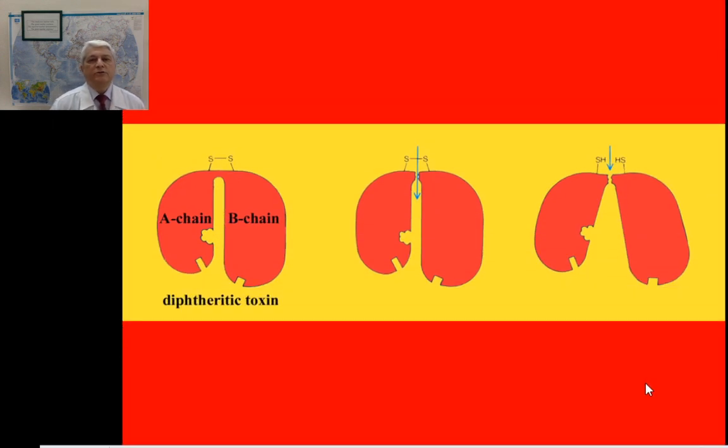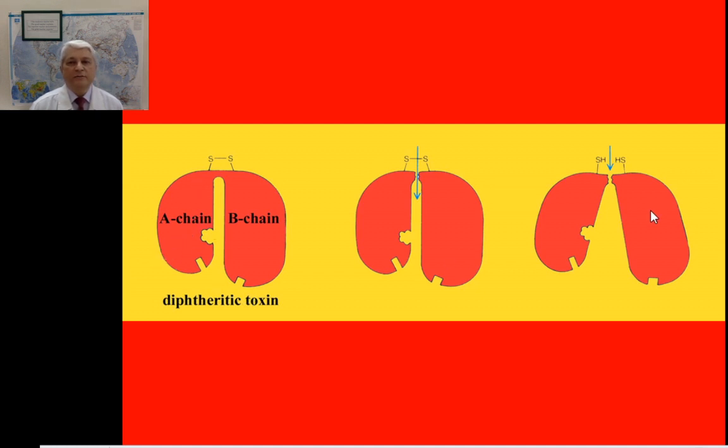One of the strongest toxins in the world is diphtheritic toxin, which can be produced by special bacteria. But this diphtheritic toxin consists of two parts. One interacts with tissues of the organism. The second one is the real poison.